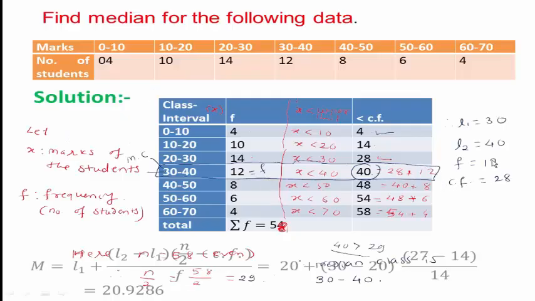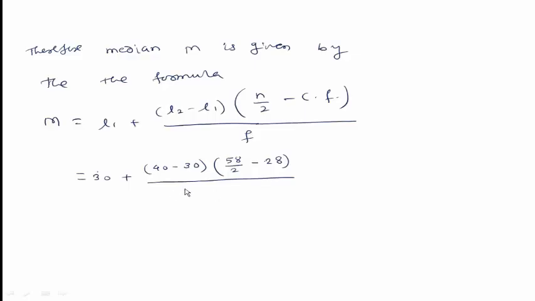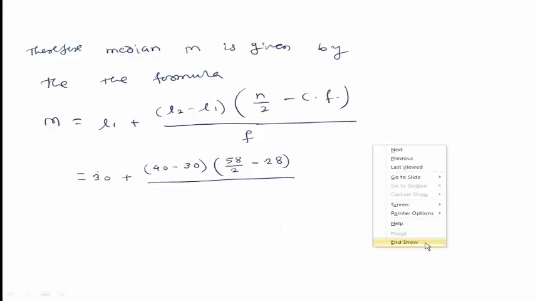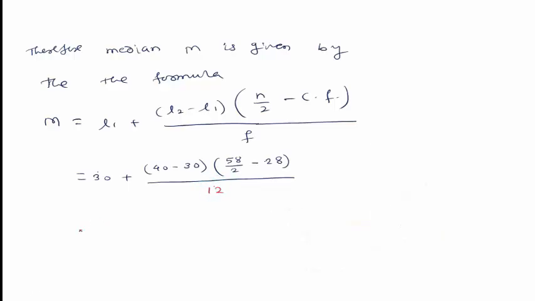F is 12 here. So this is equal to 30 plus 40 minus 30 is 10, into 58 by 2 is 29, minus 28, divided by 12.